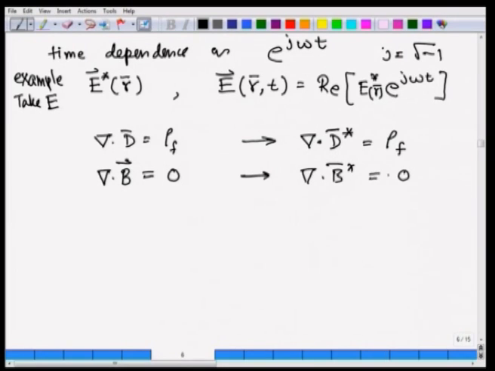0, and now the interesting ones, the curl of E, which is minus del B del t. Now the time dependence is coming, hence it is interesting. It translates into curl of this quantity E star, and remember what is the time dependence, how would you take the derivative? Remember, time appears only as e to the j omega t.